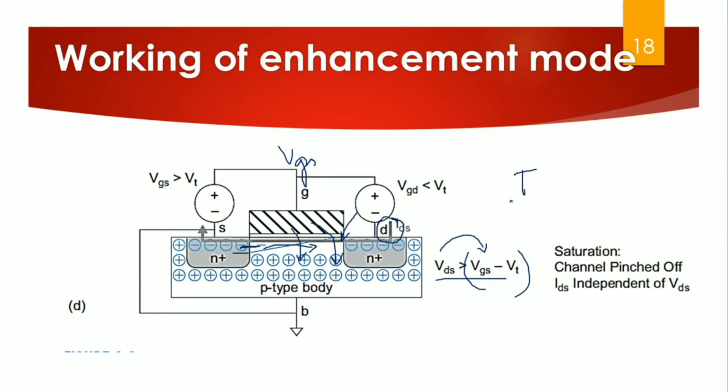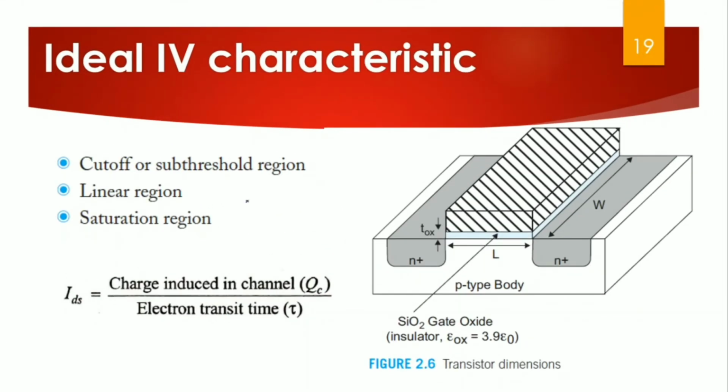Therefore, you will be getting a constant current IDS, which is independent of VDS. The value of IDS will remain constant and will not vary. This is the ideal characteristic of a MOSFET.